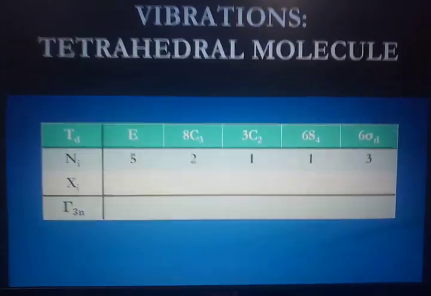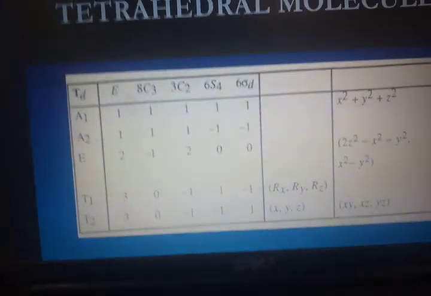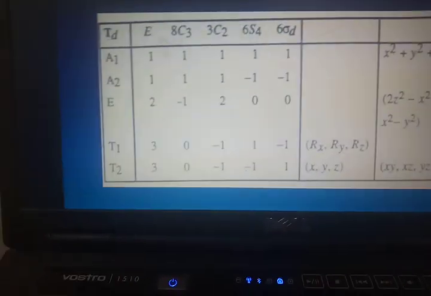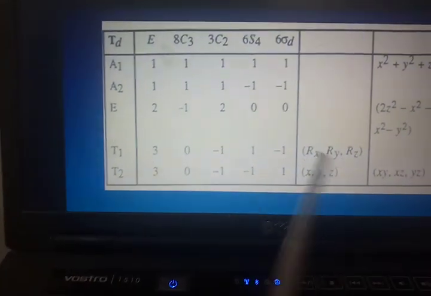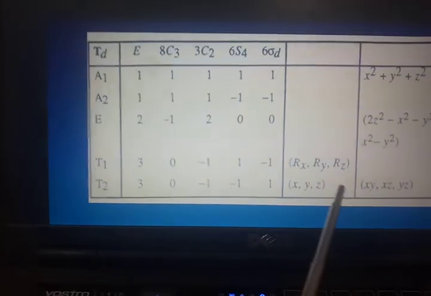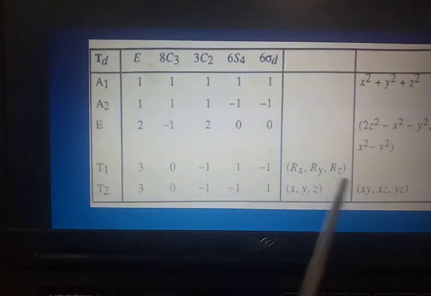Now if we consider the character table for the tetrahedral point group, we find that the irreducible representation T2 corresponds to all the 3 unit vectors x, y and z.